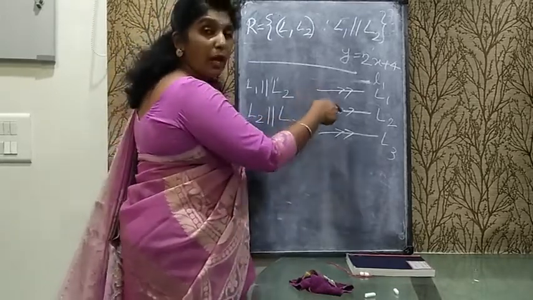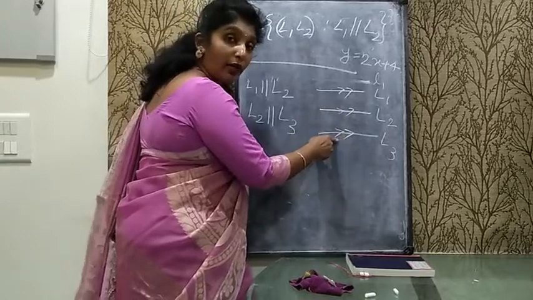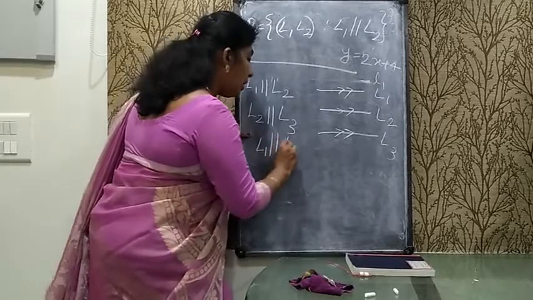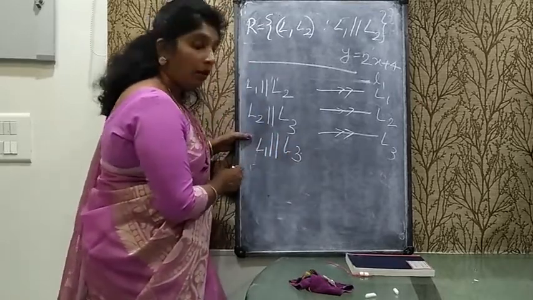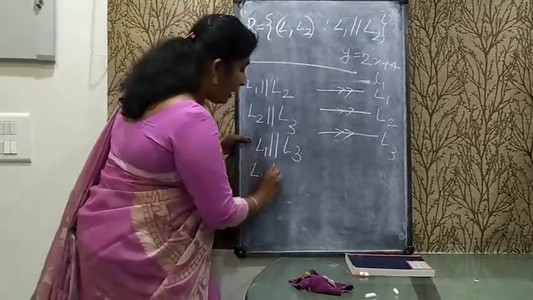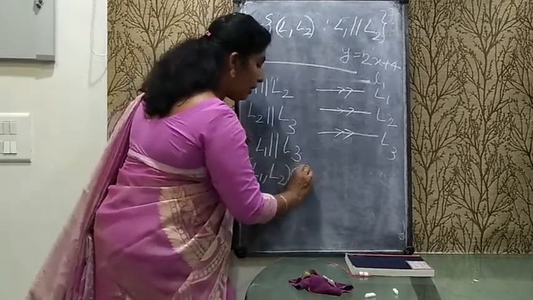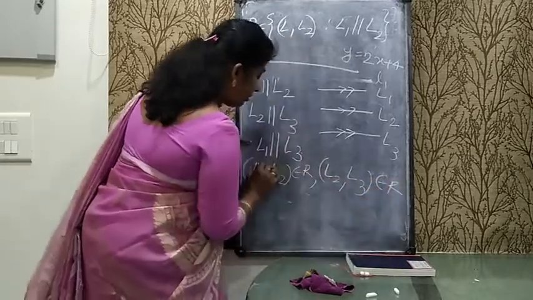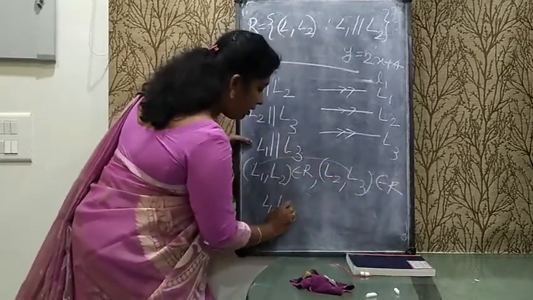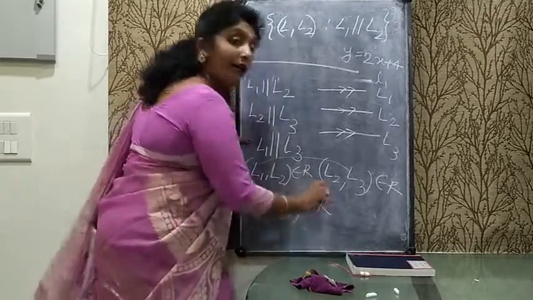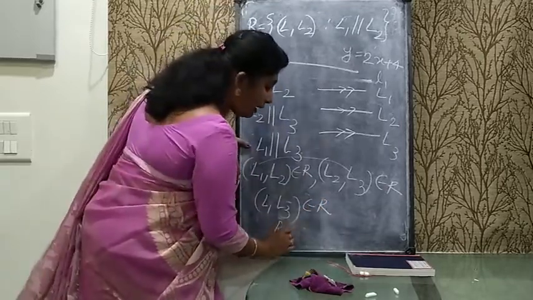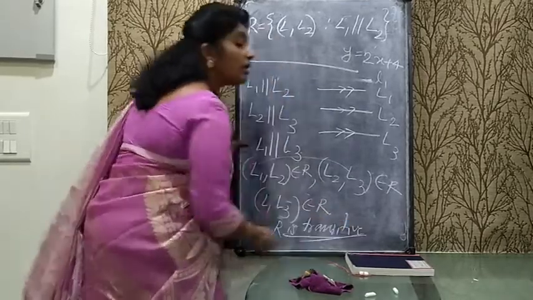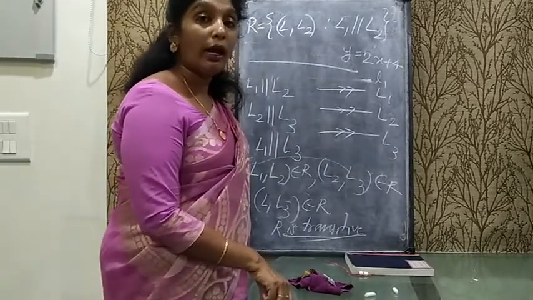If L1 is parallel to L2 and L2 is parallel to L3, then definitely L1 will be parallel to L3. It means how we can conclude: (L1, L2) belongs to the relation and (L2, L3) belongs to the relation, then (L1, L3) also belongs to the relation. Therefore, our relation is transitive. It means the given relation is an equivalence relation.